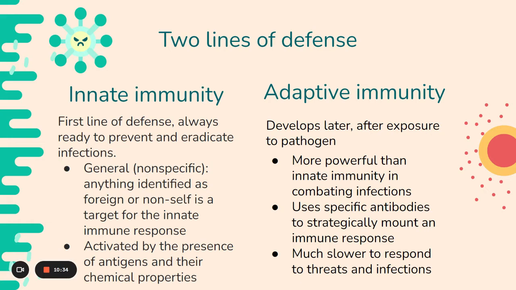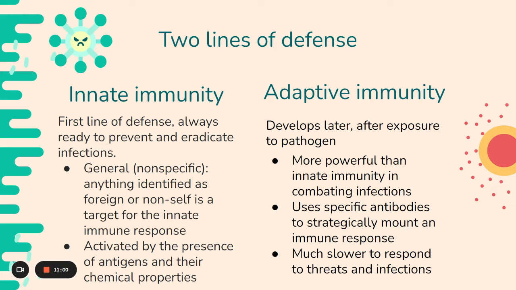However, to compensate for that slowness, it's a lot more powerful than innate immunity in combating an infection. So it's a lot more powerful, but it just takes a little longer. If you've heard about antibodies, antibodies are a key part of the adaptive immune system, and it's what allows for that specificity of the adaptive arm of the immune system. And as I said, much slower.